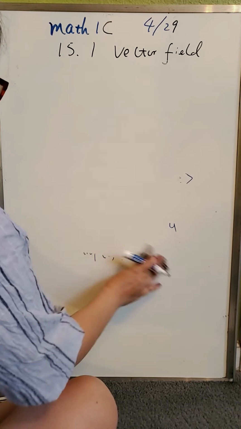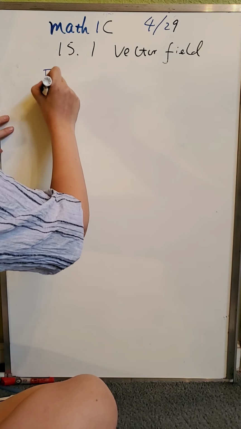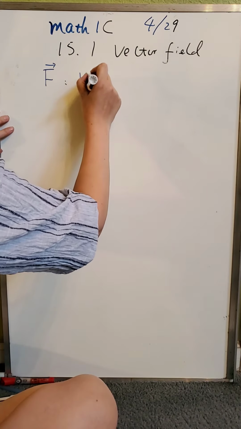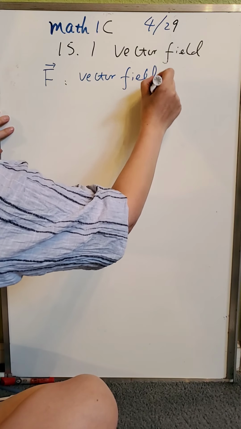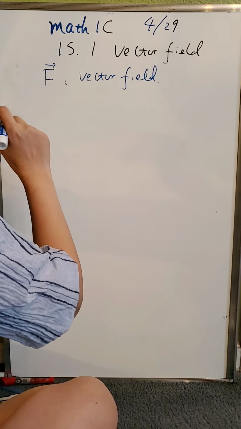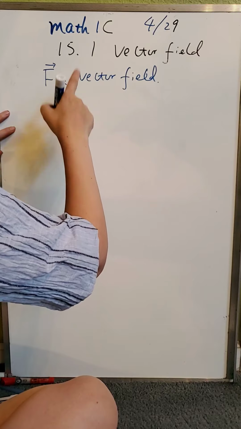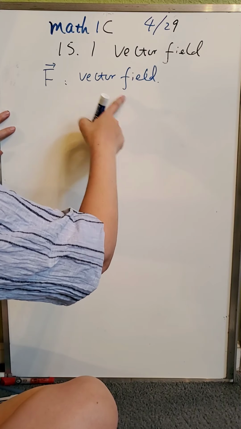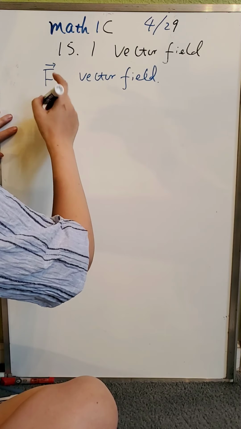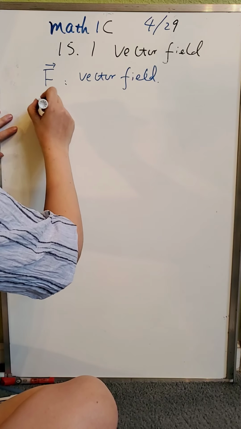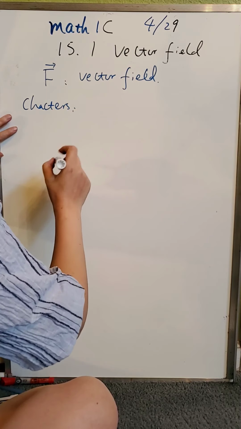I just want to summarize it quickly for you guys. F is a vector field, and there are a couple of characteristics of this vector field that I already explained.